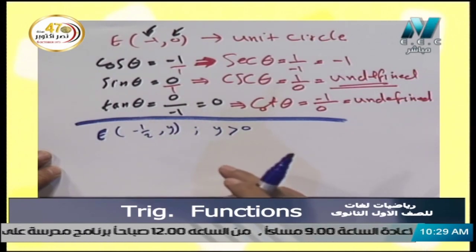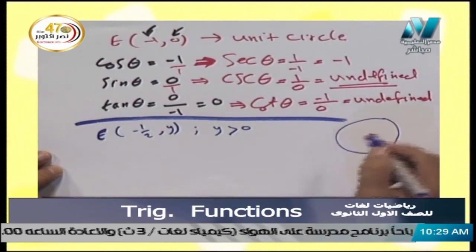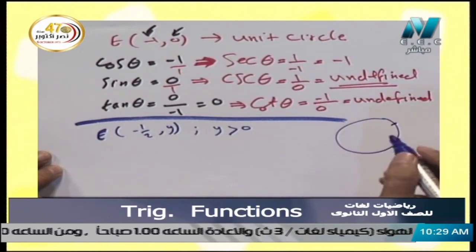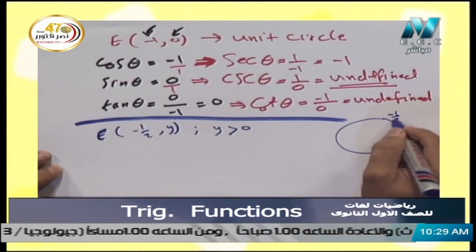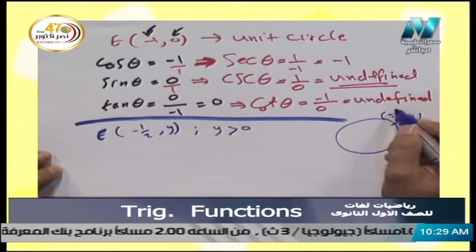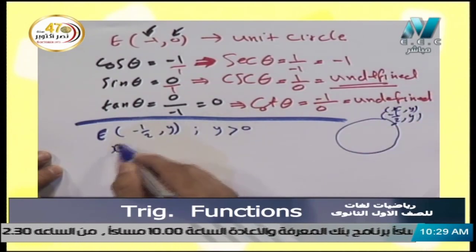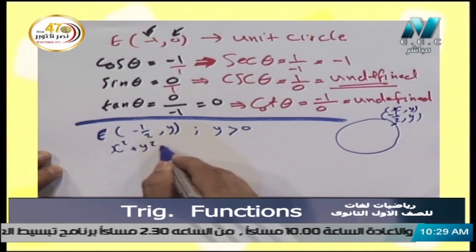But we know that if we have a unit circle and a point on it, as an example negative half and y, we know that x power 2 plus y power 2 equals 1.